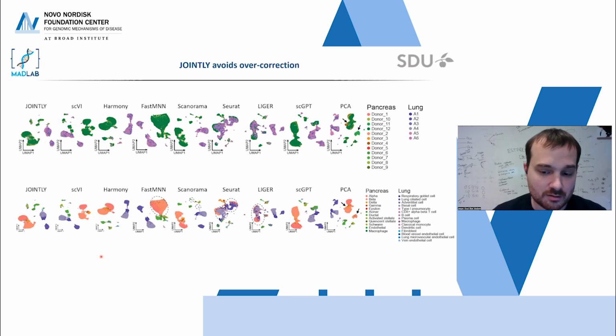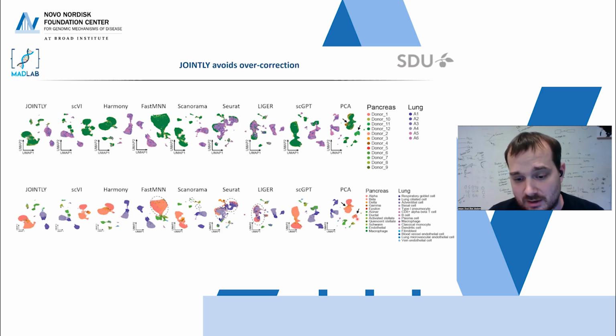And again, in orange to green colors, we have the pancreas. And in blue to purple colors, we have the lung. And immediately, we can start to notice a few things. If we start with the naive analysis with PCA, we see that there's quite good separation of tissues, as we would expect. But there's actually quite a poor integration of cell types.